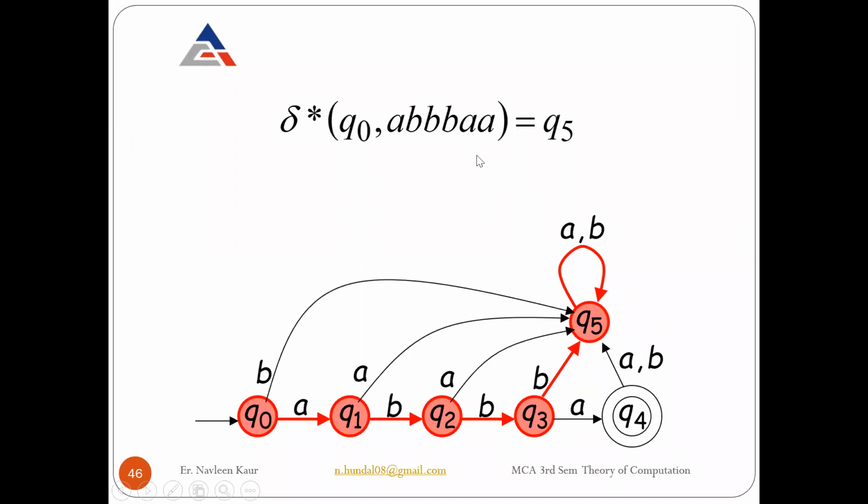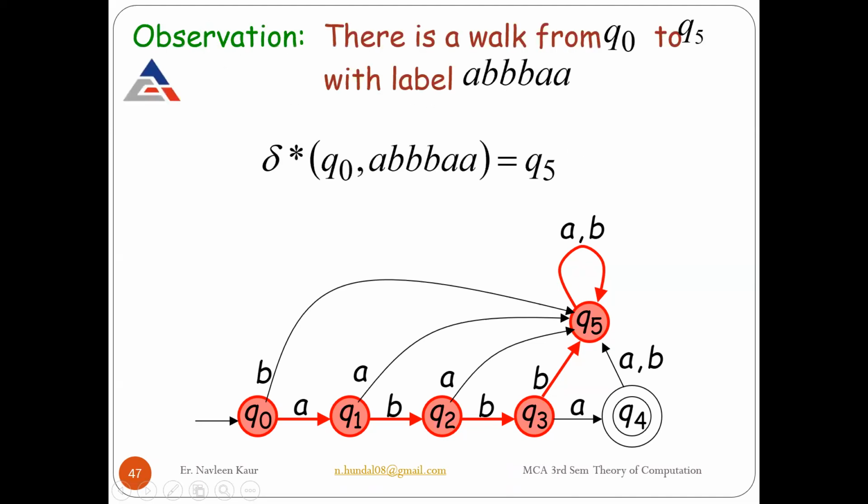And after that, however many A's you get, from Q5 you will return back to Q5. So: A, Q1, B, Q2, B, Q3, B, Q5, A, back to Q5, A, back to Q5. So the final state is going to be Q5.